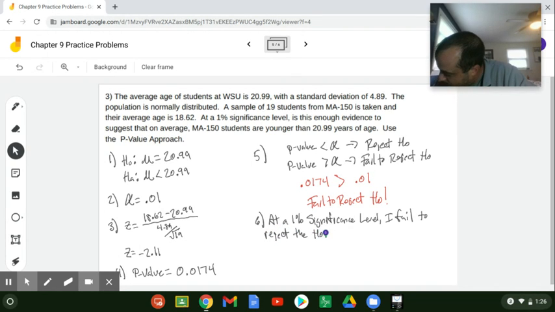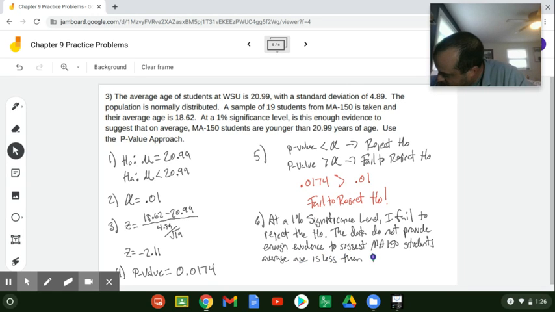The data do not provide enough evidence to suggest MA150 students' average age is less than the 20.99 of all Worcester State University students. So it does not provide enough evidence, so we fail to reject the null hypothesis.